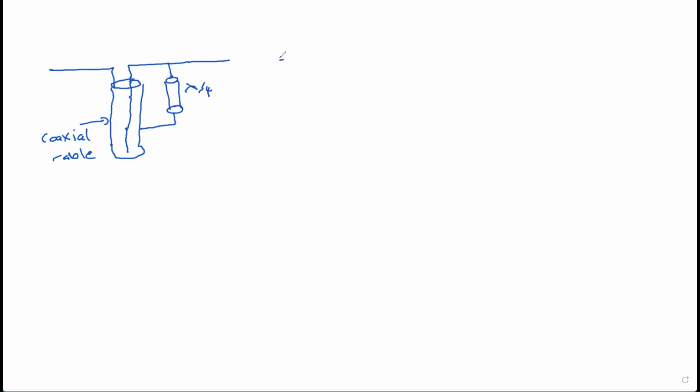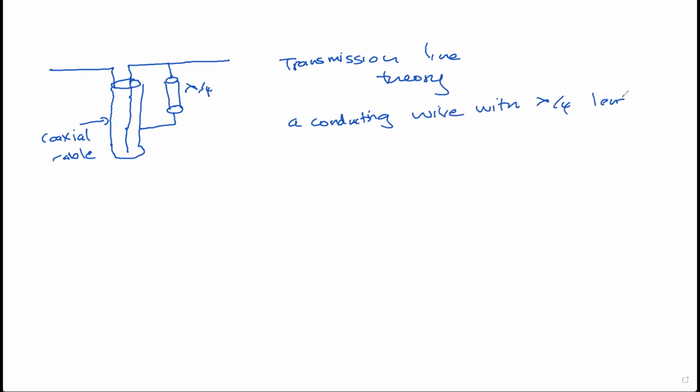According to transmission line theory, a conducting wire with length lambda over 4 has an impedance JXP, which reaches infinity when the length is lambda over 4, right?